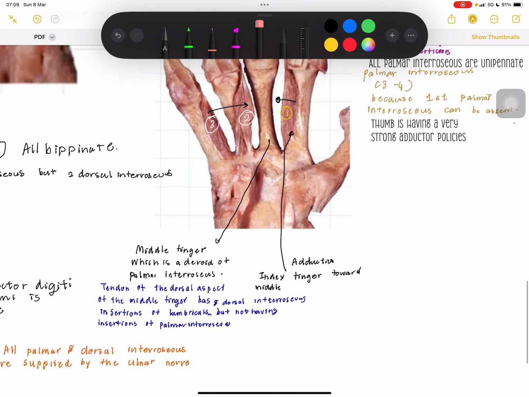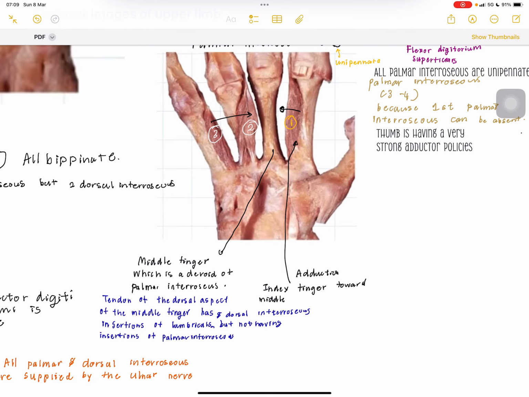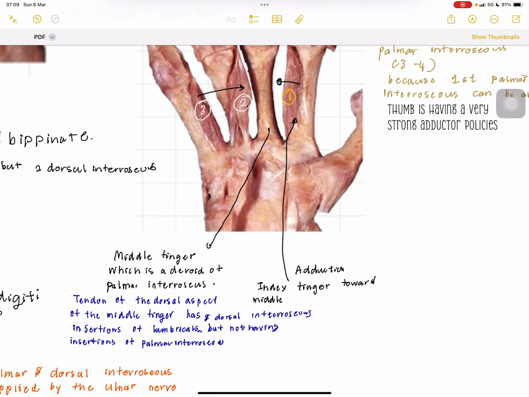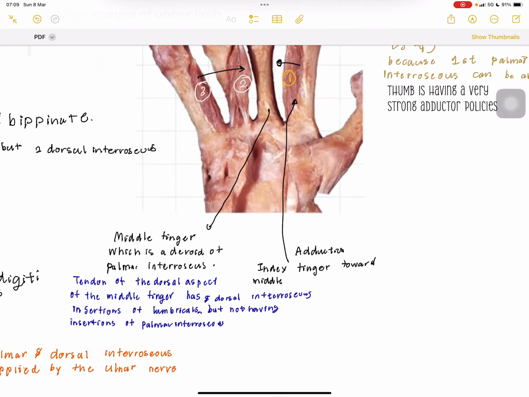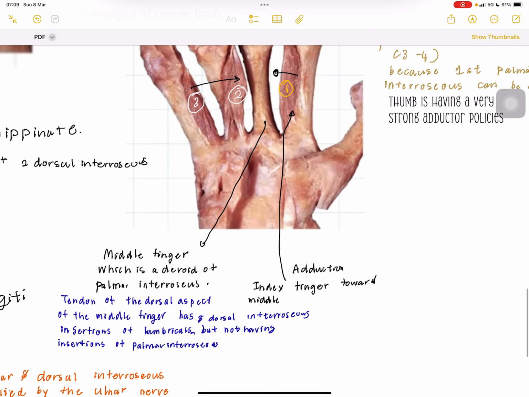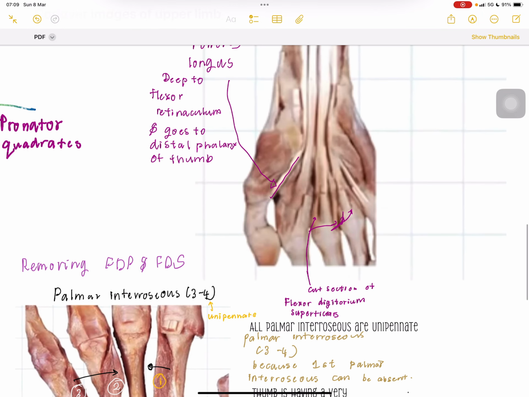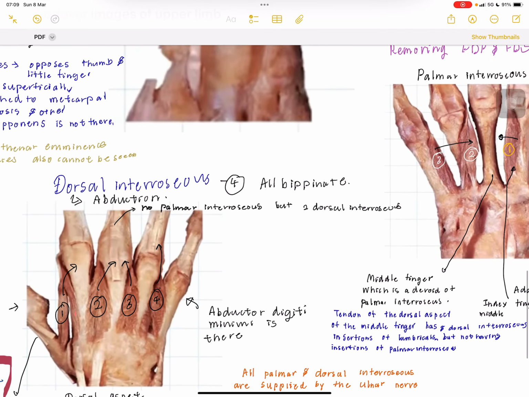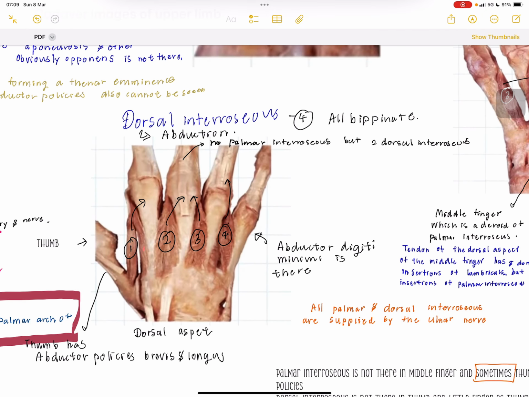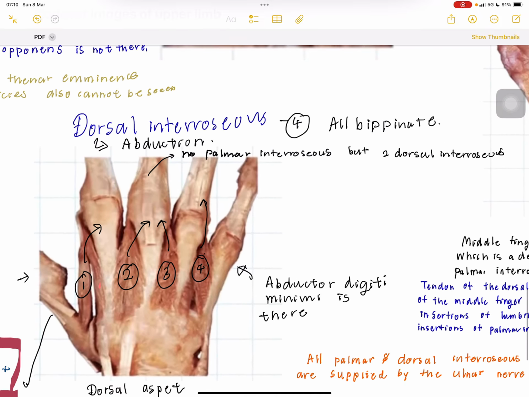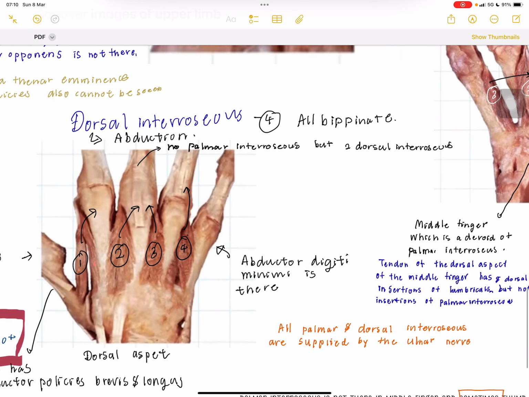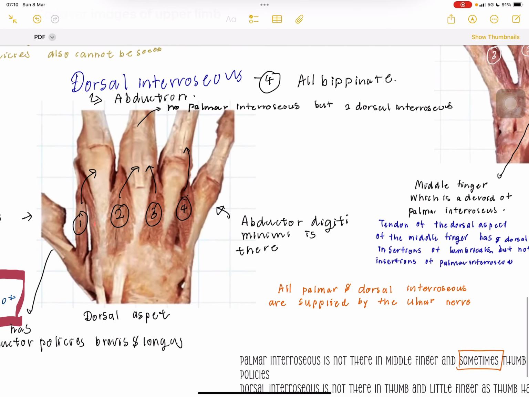So the middle finger, which is devoid of the palmar interosseous, has the tendon on the dorsal aspect with dorsal interosseous insertions and lumbricals. So they have the lumbricals, but not the palmar interosseous. And the dorsal interosseous is for the abduction. So no palmar interosseous for the middle finger, but it has 2 dorsal interosseous, and all dorsal interossei are bipennate.